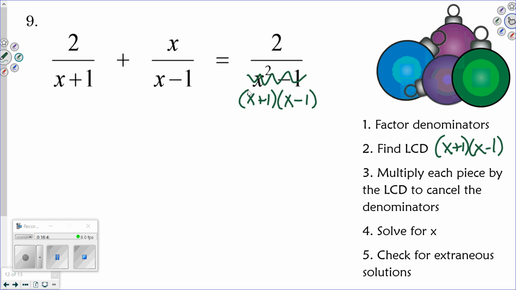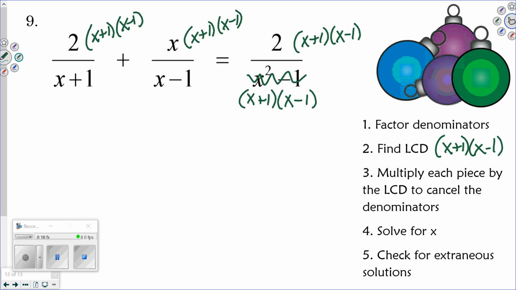So multiply all of these. So all of these get an x plus 1 and an x minus 1. So the whole point is to cancel. Every one of your denominators should cancel with something you have on top. If you don't have all of those pieces up there, you did something wrong.